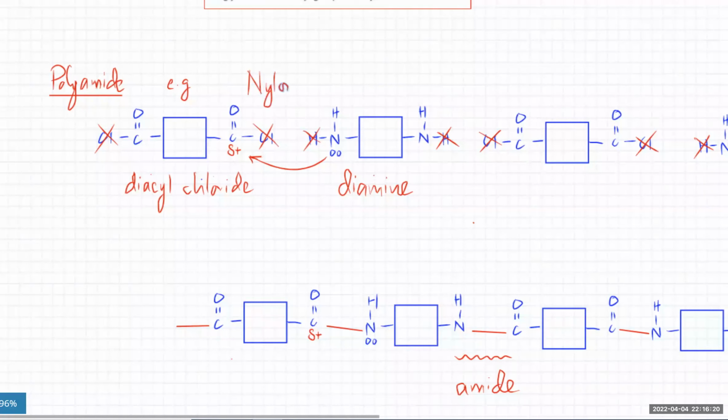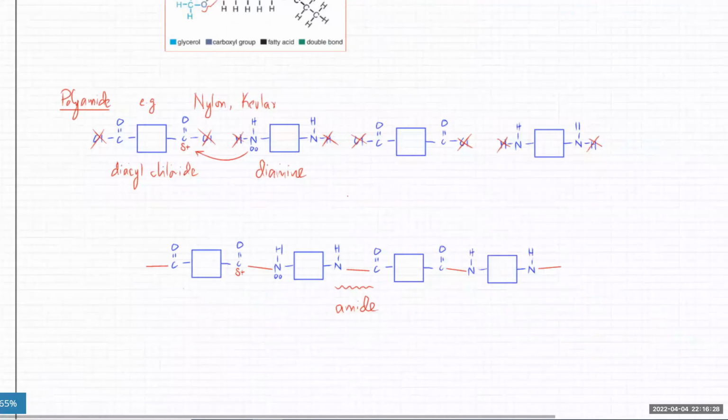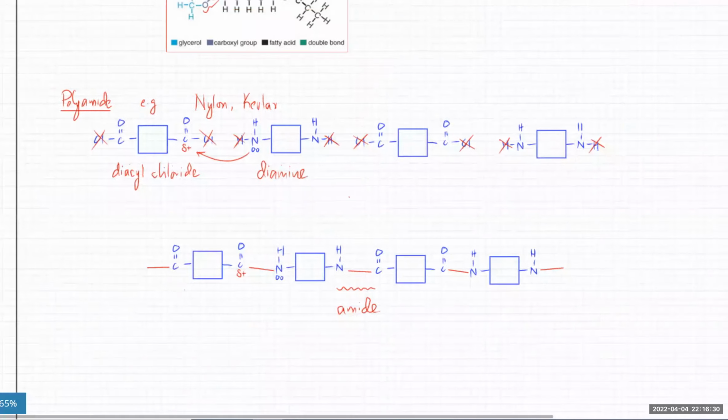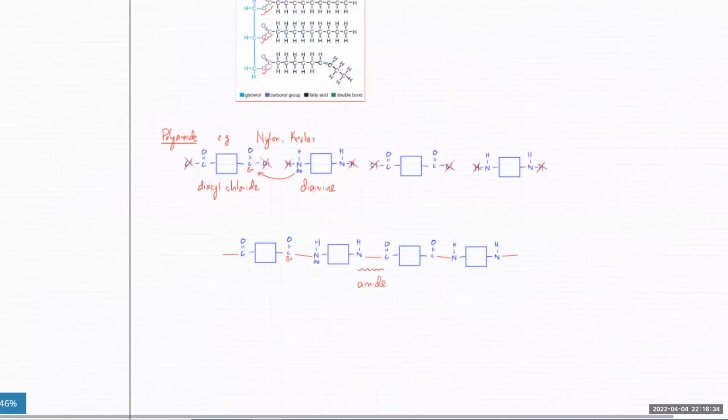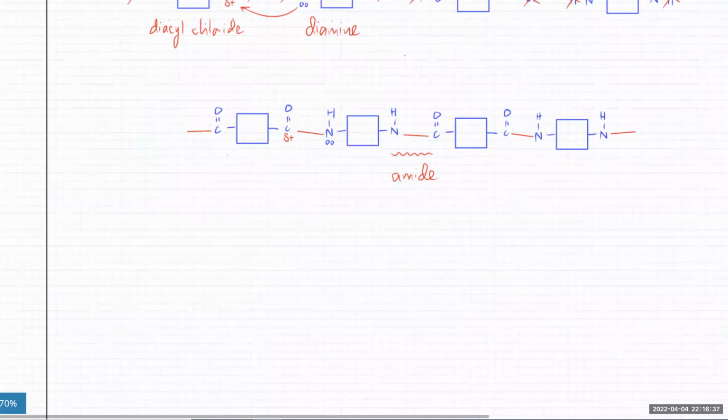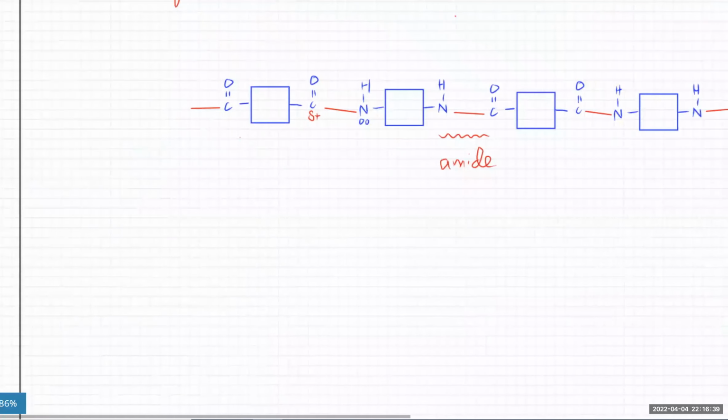Nylon is used for making ropes and fishing nets, and Kevlar is used in bulletproof jackets. Now, about polyesters and polyamides, remember, both of them tend to be strong, and they tend to be biodegradable as well.